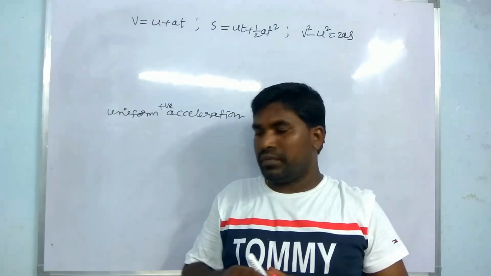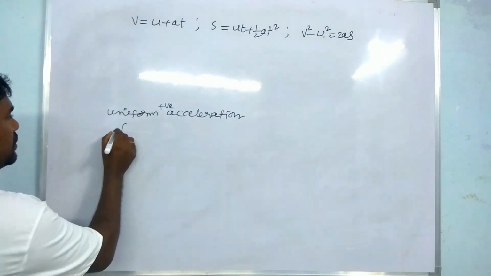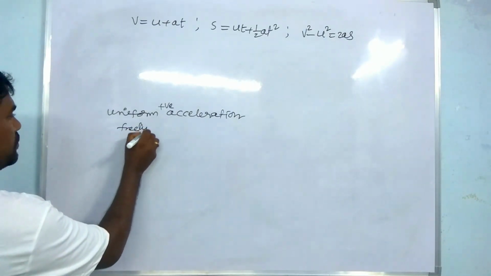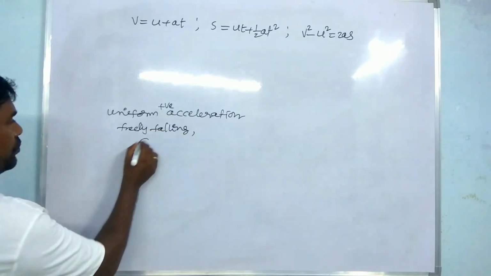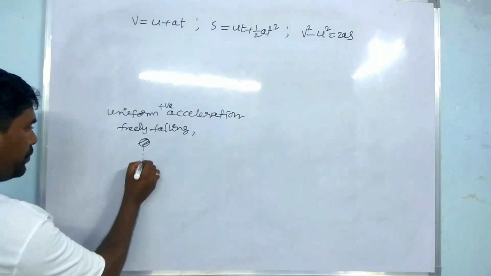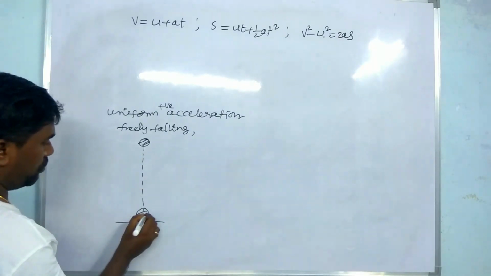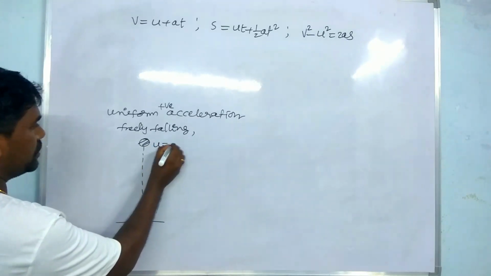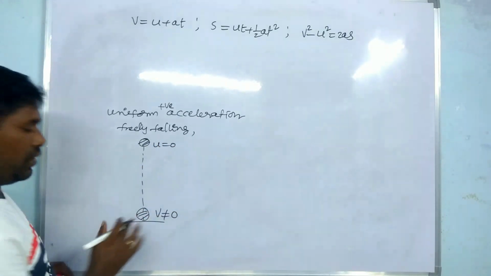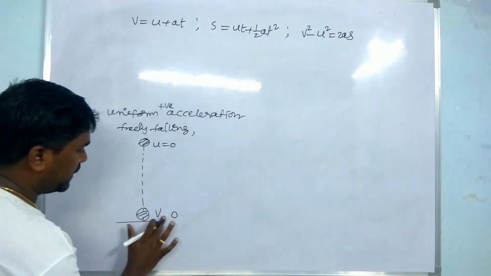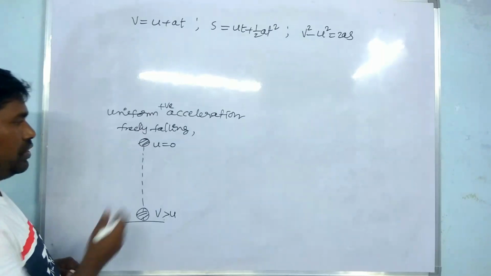So in case of freely falling, if a ball freely falls to the ground point and reaches the ground, here the initial velocity is equal to 0, and the final velocity is not equal to 0, that is, the final velocity is greater than the initial velocity.